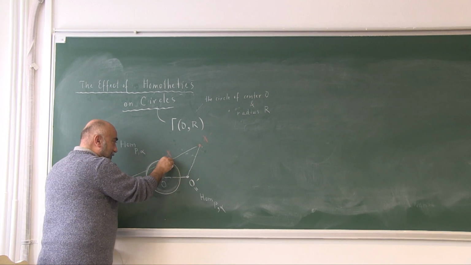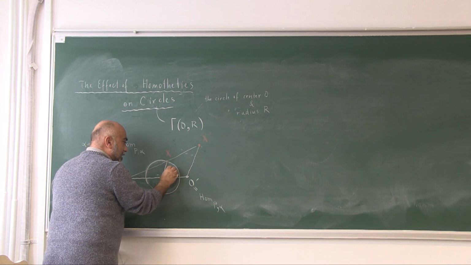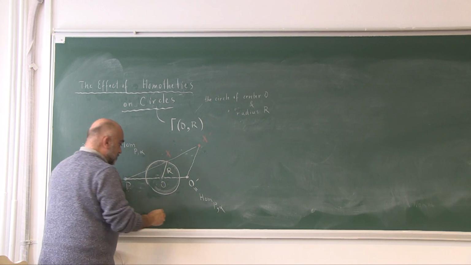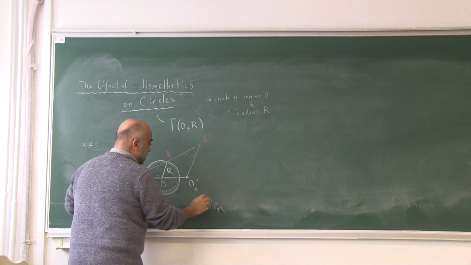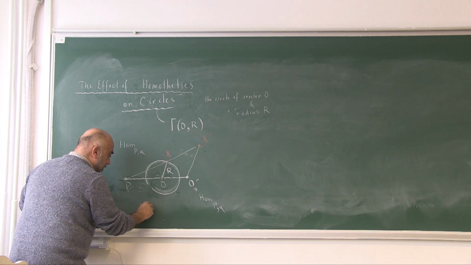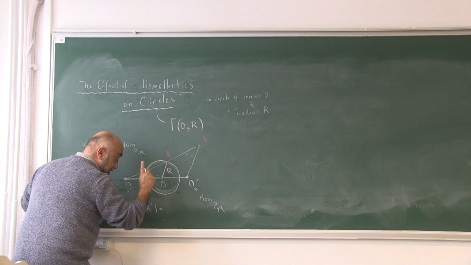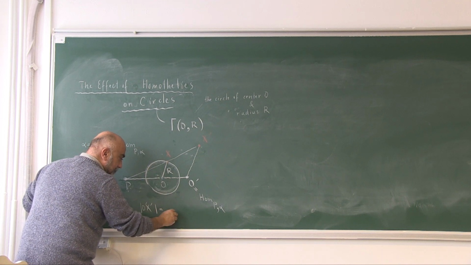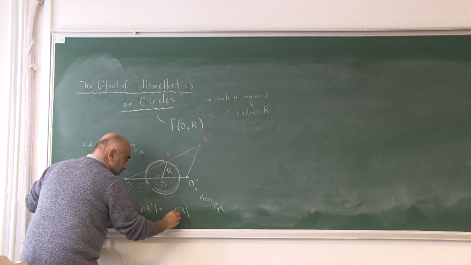So if the length OX is R, then I must conclude that this length O prime X prime is, of course, because I'm making a deliberate mistake, the length of OX times alpha.